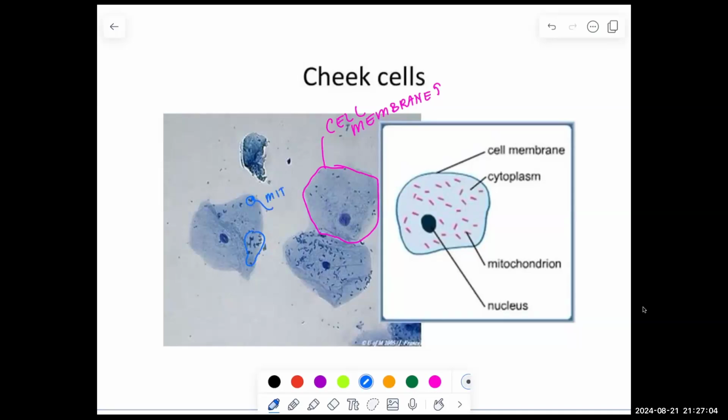Those are all the mitochondria of those cells. In the very center of the cell, you can see this very dark dominant feature. What is that one? The nucleus.